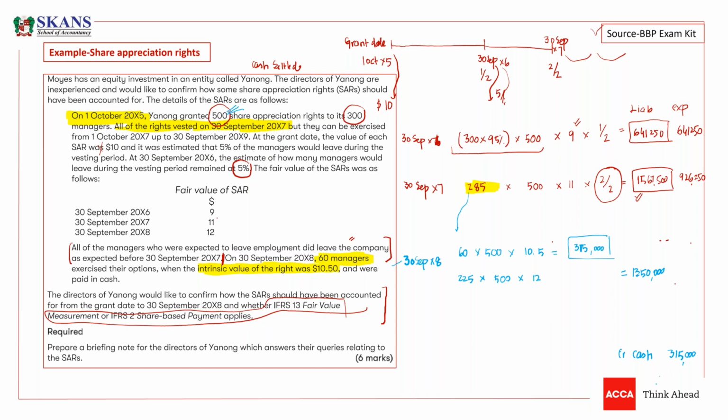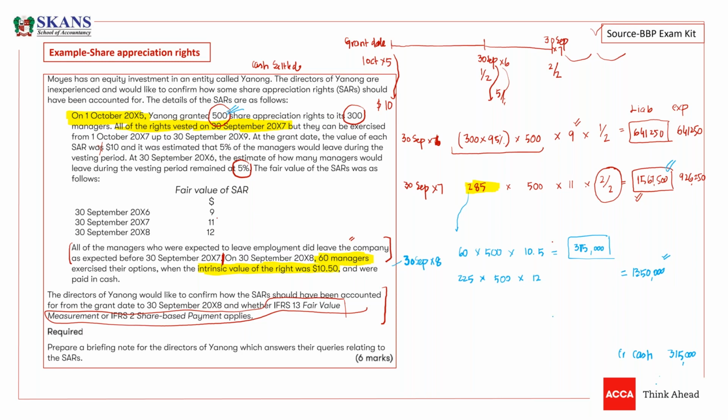So now your liability, look, this is important. Your liability at the end of 20X7 was 1,567,500, but now after settling, your liability is 1350. What do you think, guys? What is the decrease in liability? Initially, at 30th September X7, the liability was 1,567,500.